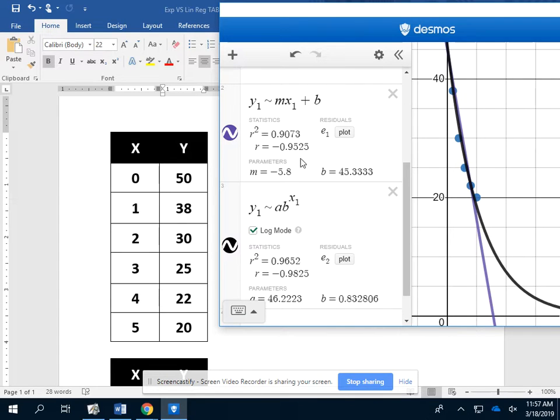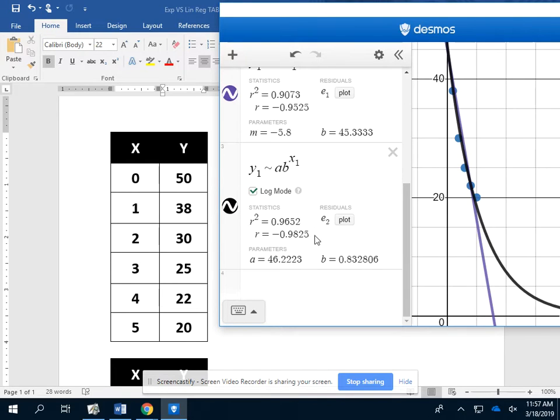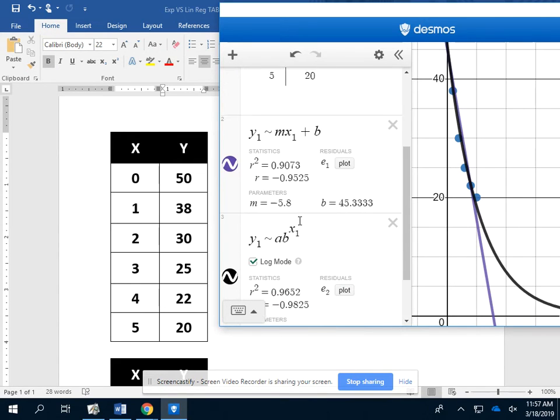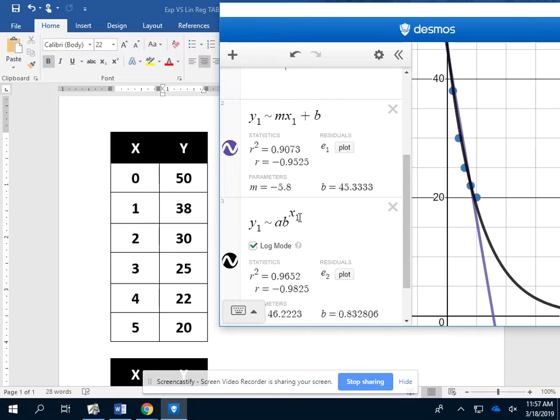The question you have to ask yourself is which of those is closer to 1? And it's definitely the negative 0.9825. So our conclusion is that the exponential model is much better than the linear model in this case. It's a better fit, it's a better relationship.